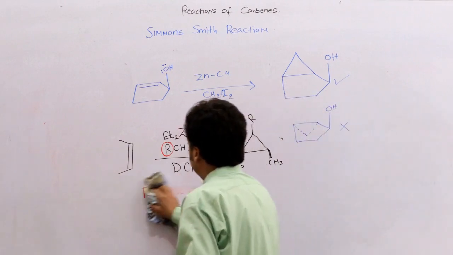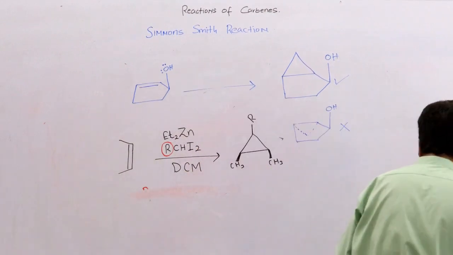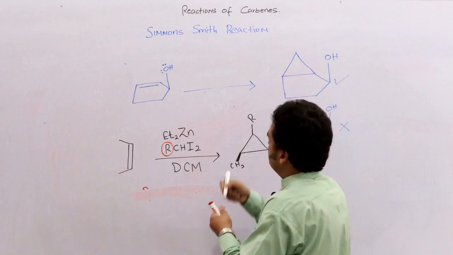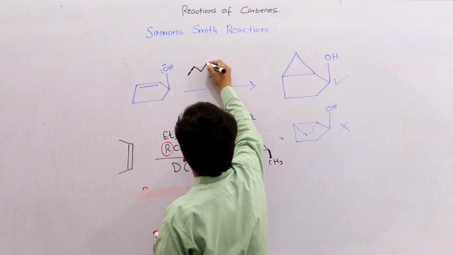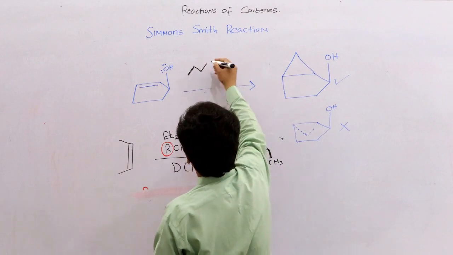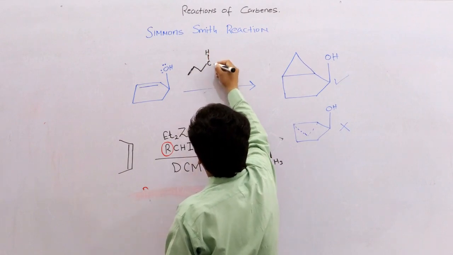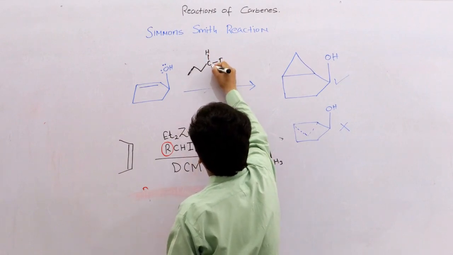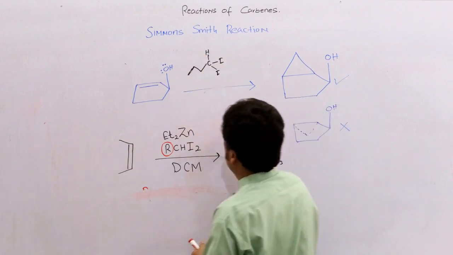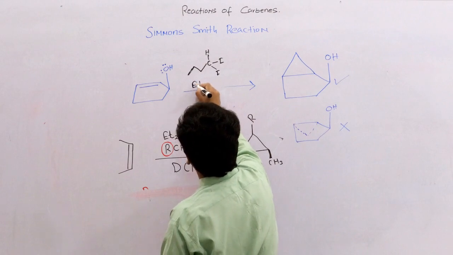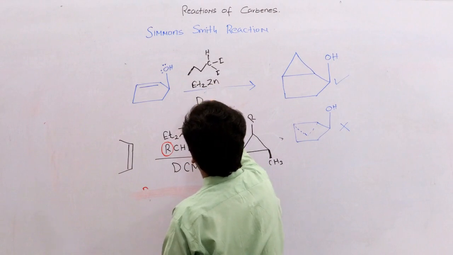So if you take this same thing, and let's say the isopropyl group, you take this big CH, R is equal to this, and these are iodines. This is the R group, an isopropyl group, and the rest of the reagents are the same: Et2Zn and dichloromethane.